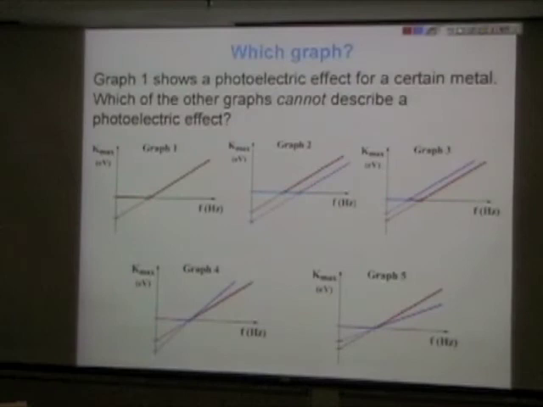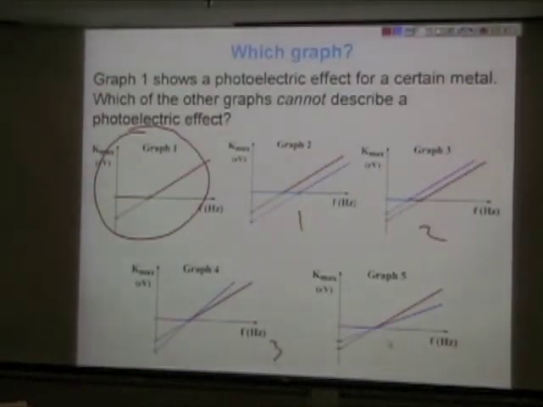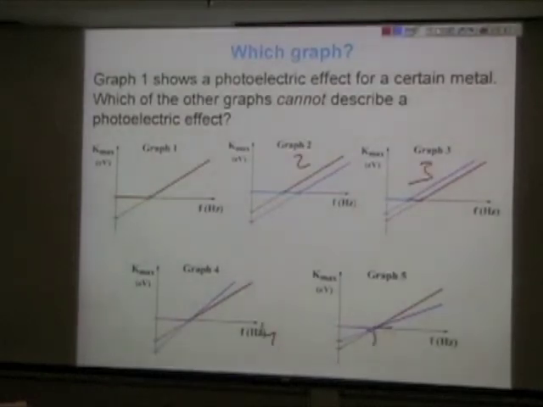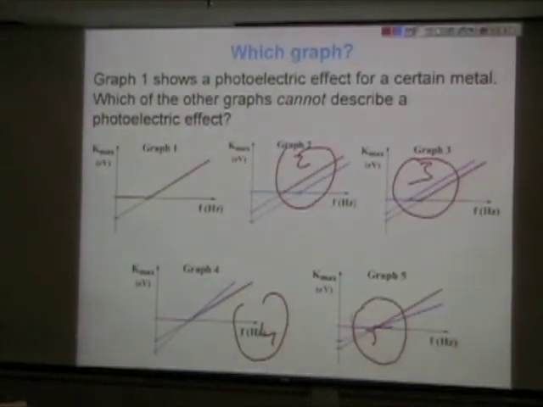Now here, the next question is again about graphs. Let's say this is a particular result of a particular experiment. So you run an experiment. And the question is, which of these graphs, 2, 3, 4, 5, are definitely wrong? You can choose one.